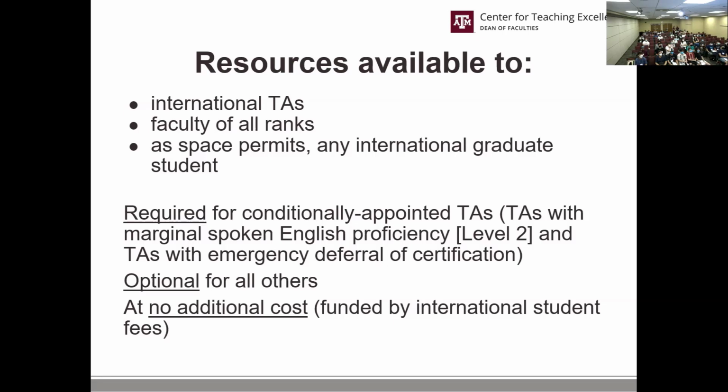Everyone else can take our program optionally at whatever intensity they like, 1 hour a month, 1 workshop a semester. But if you're required to be in our program, you must initiate contact with us and have that diagnostic interview right at the start of the semester, and then work 5 hours a week with our supervision and guidance, following your individual improvement plan until reaching level 1. For everyone else, it's optional.